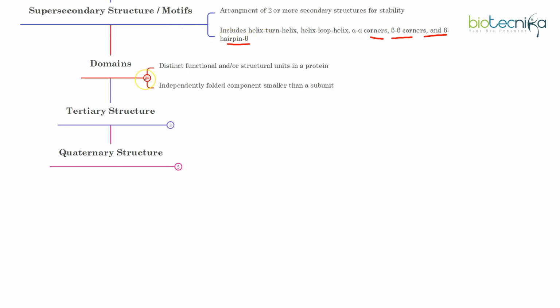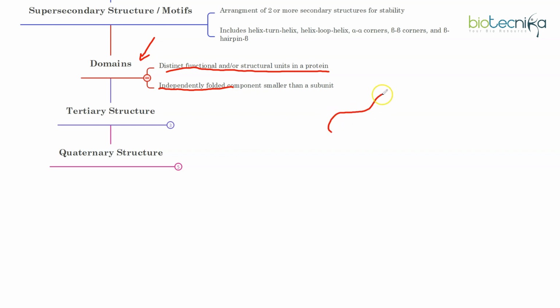Next are domains. So what are domains? These are one level above the motifs, but I will not say several motifs form domains, not necessarily. A stretch of polypeptide chain can form a domain. Basically it is a distinct functional or structural unit in a protein. And most importantly, these are independently folded, meaning they don't depend on other parts of the protein to fold.